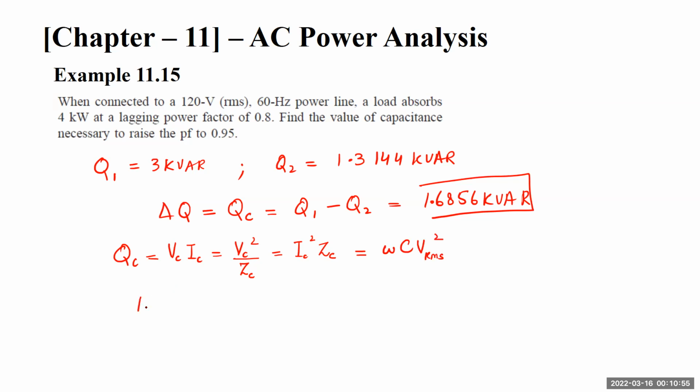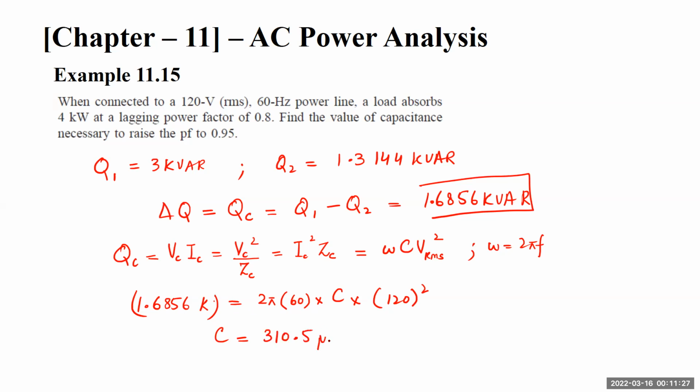So QC is 1.6856 kilo. Omega is 2 pi f, frequency is 60 hertz, multiplied by capacitance, which we have to find out, and our voltage RMS value is 120 squared. Using this, my capacitance comes out to be 1030.5 microfarads. This is the value of capacitance that I need to get the improvement of power factor over here.